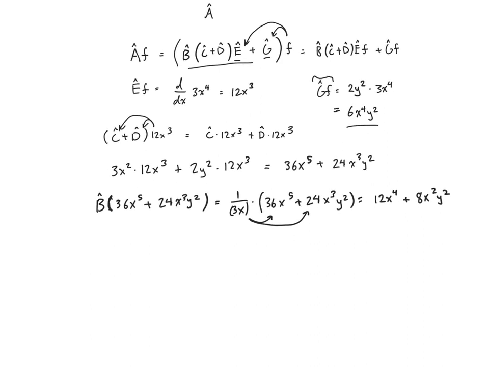Now the final result, adding back in now this G hat of f, is going to be 12x to the fourth plus 8x squared y squared plus 6x to the fourth y squared. And that's it. That is the end of applying that very complicated operator to that function.